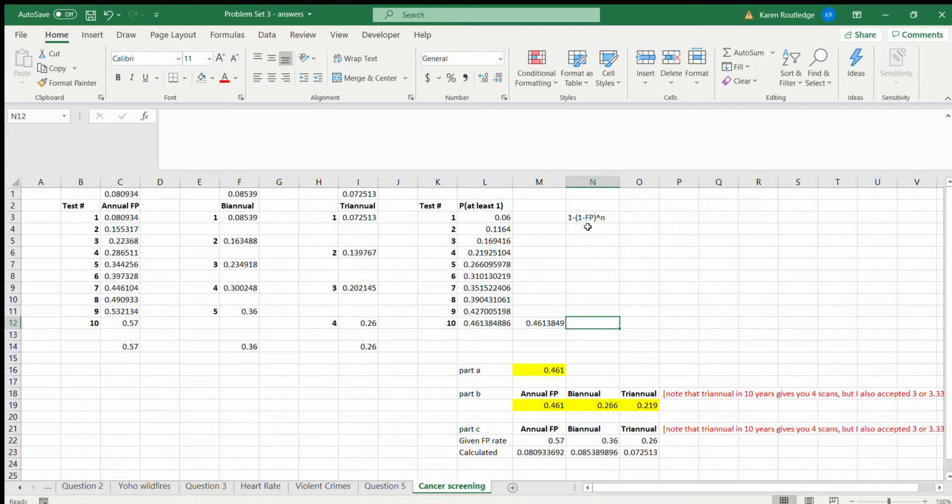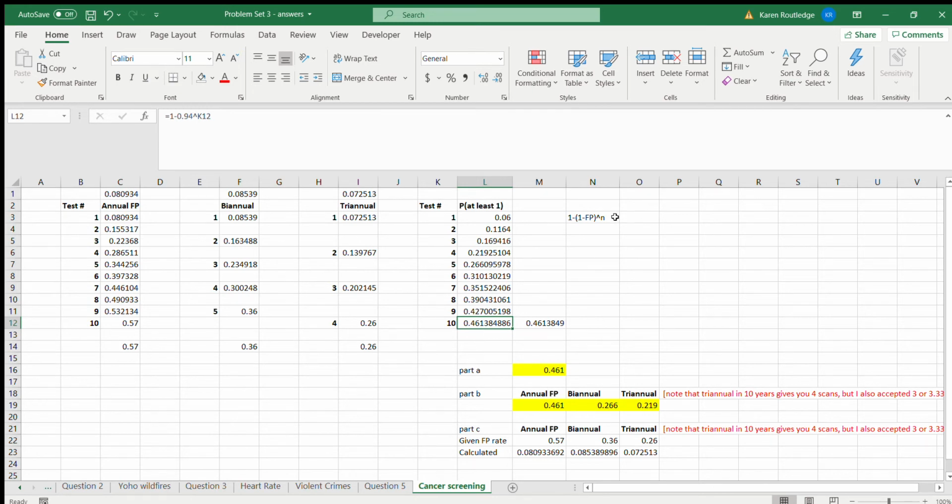If we plug that in, we get this equation. So 0.94 is the 1 minus 0.06, 1 minus the false positive rate. So for part A, 10 years of annual screening with a 6% false positive rate, there's a 46% chance of getting at least one false positive.